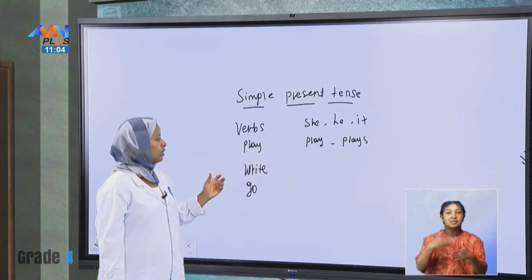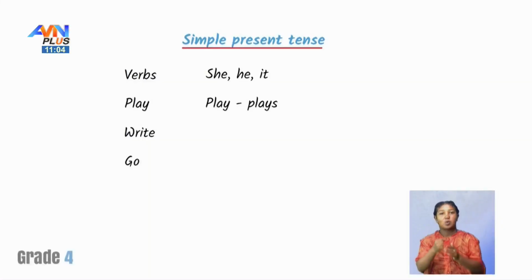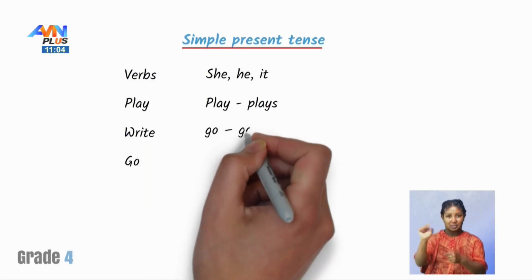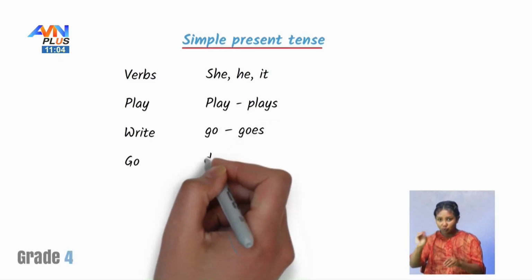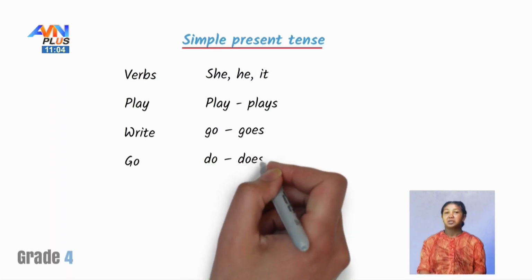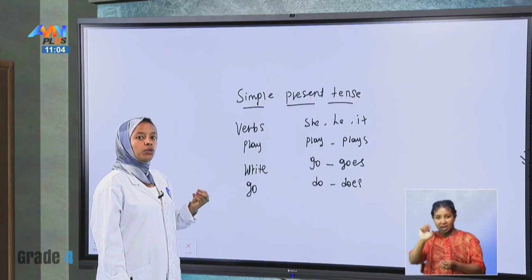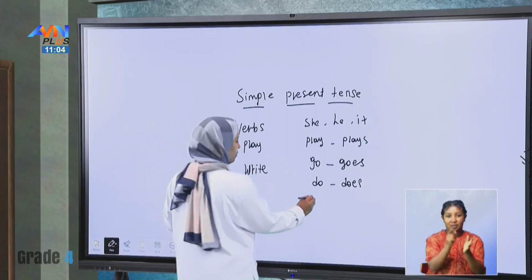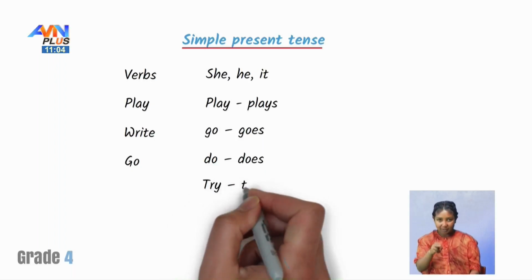The next one is we can add es, for example go, goes. And also do, does. And also we can add ies when the verb ends with y, like study, or let us take try, tries.